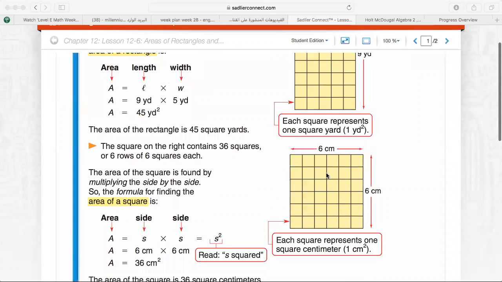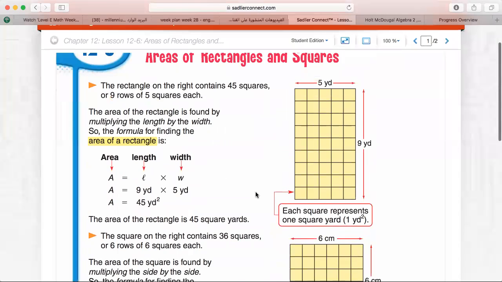The square on the right contains 36 squares, or 6 rows of 6 squares in each. But before I go to this square, when I multiply 9 and 5, they give 45 yards.